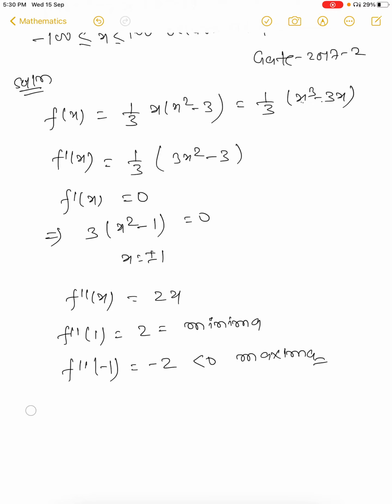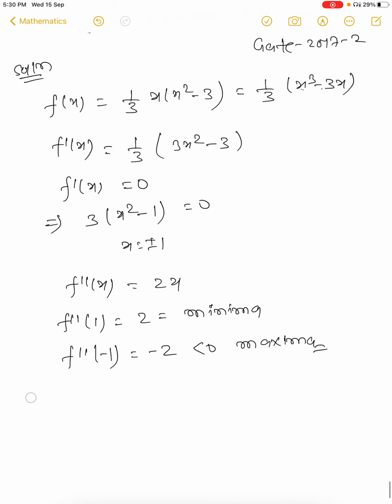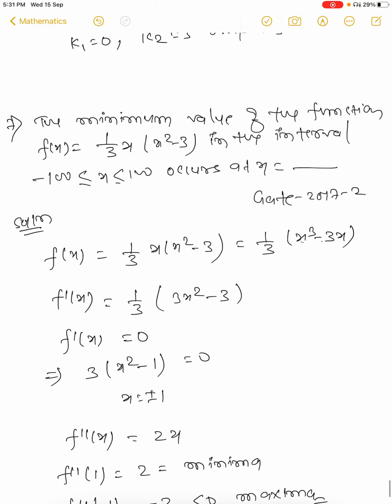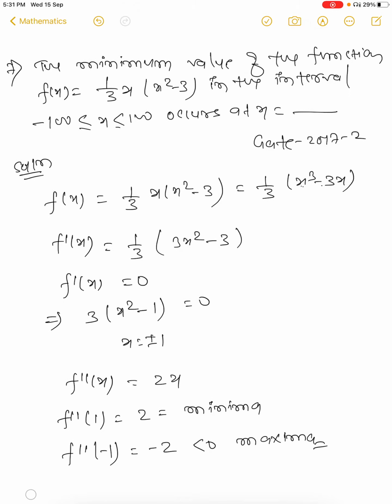It gives about 0.66 something. When you put 100 and check it, and when we put minus 100, then what will happen? Here is the negative sign, and here a closed interval is given.